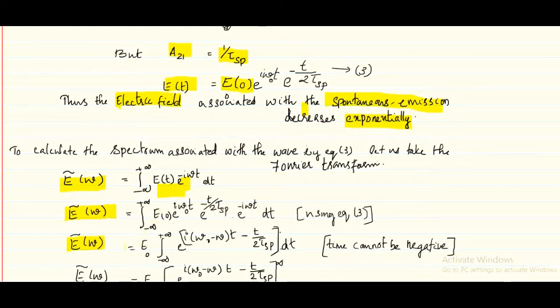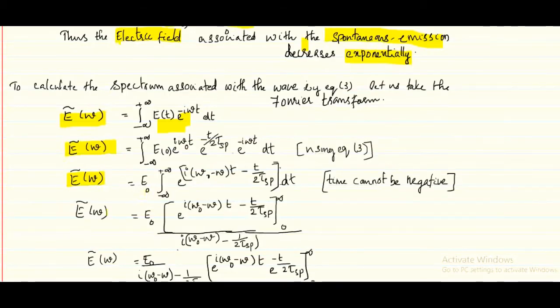Taking E0 outside the integral, we can write E bar of omega equals E0 integral minus infinity to plus infinity e raised to i omega 0 minus omega into t minus t by 2 tau sp into dt. On integration, we get E bar omega equals E0 e raised to i omega 0 minus omega t minus t by 2 tau sp, divided by i omega 0 minus omega minus 1 by 2 tau sp, with limits 0 to infinity.